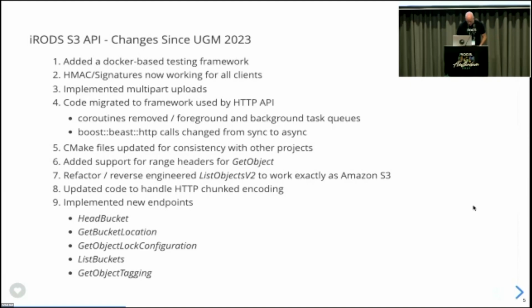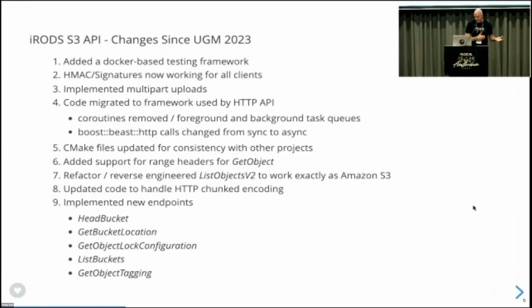Chunk encoding. The Boost Beast HTTP does support parsing of HTTP chunks. Unfortunately, there's an inconsistency between the S3 protocol and HTTP. HTTP says that if you're going to have chunk encoding, you have to have a certain header set, and Boost Beast HTTP will not parse chunk encoding unless that header is set.